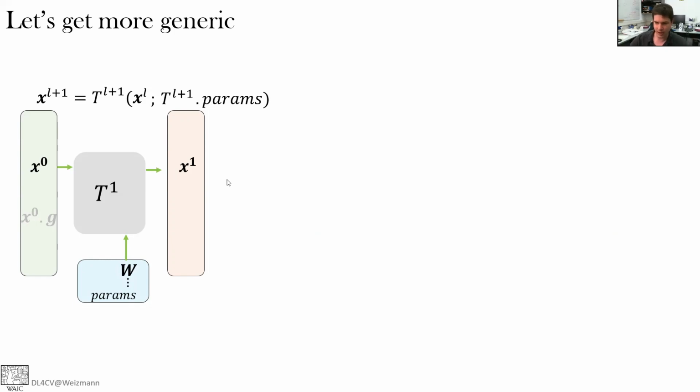Now we need to backpropagate such things. Every parameter that we have for this layer also has its gradient that we're going to use to optimize our network.